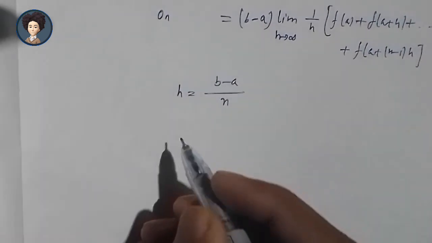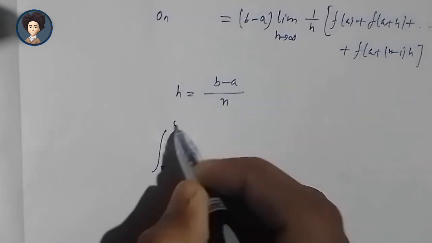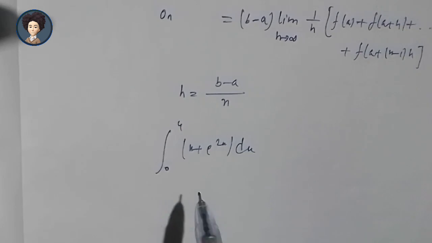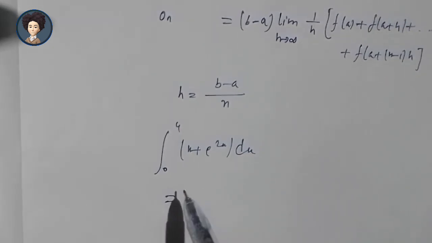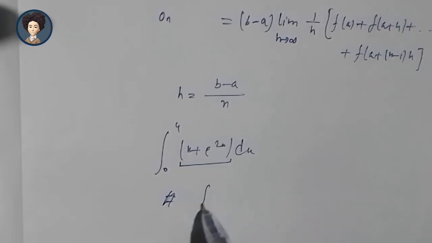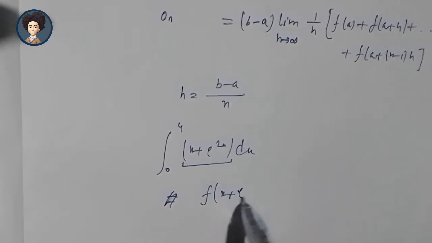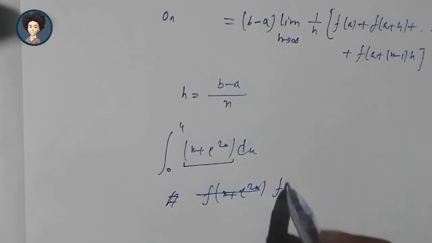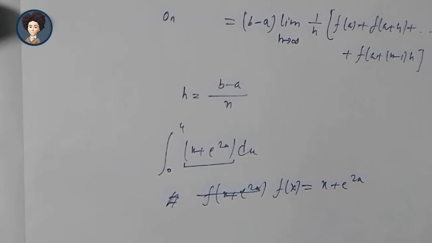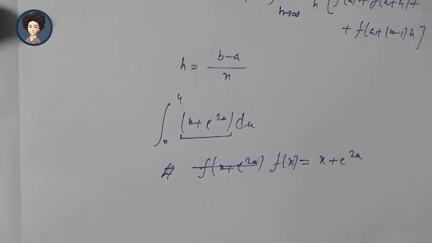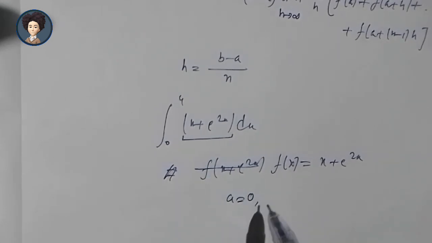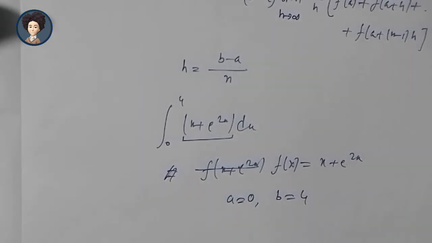So we have the integral from 0 to 4 of x plus e to the power twice x dx. Here the function is f of x equals x plus e to the power 2x. Now a means we have here 0 and b means 4.